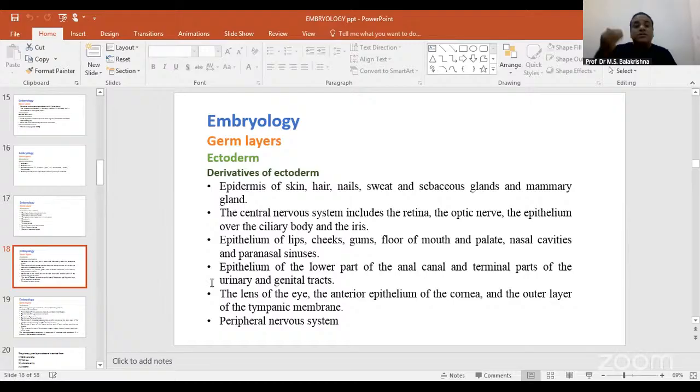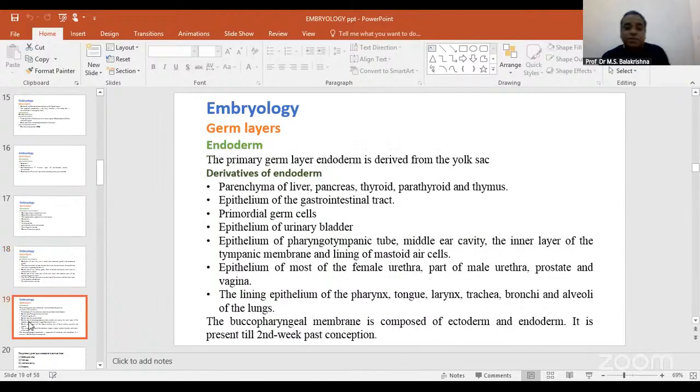They are all derivatives of your ectoderm. The central nervous system, retina, optic nerve, epithelium of lips, cheek, gums, floor of the mouth, lower part of the anal canal, and terminal parts of urinary and genital tracts, the lens of the eye, and your peripheral nervous system. They are all derivatives of ectoderm. So an MCQ can be made from this.